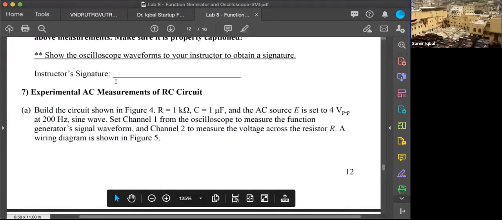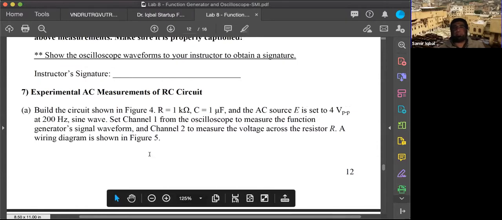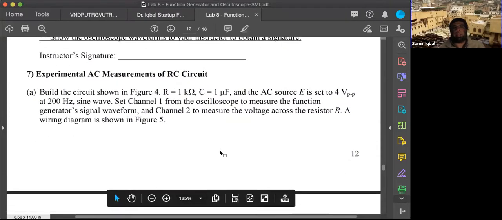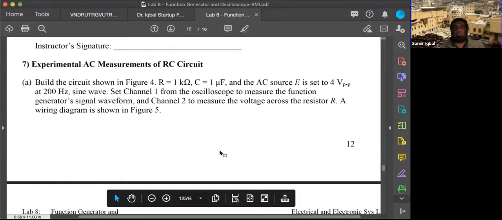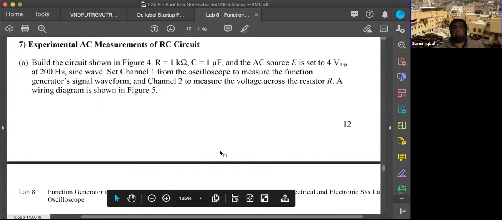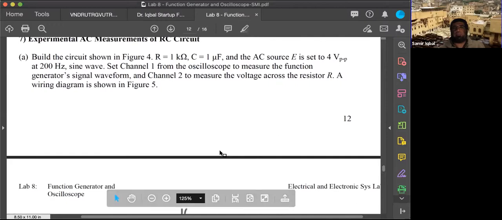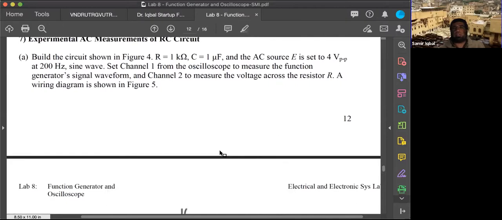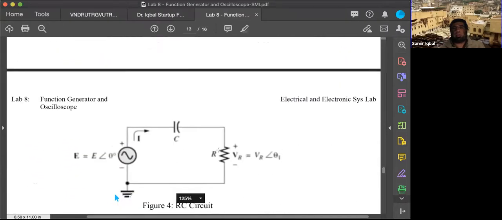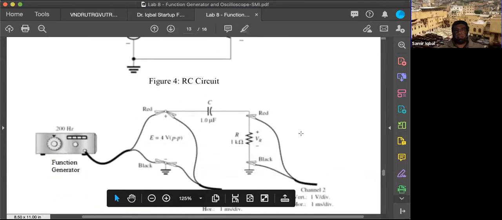all right. So the way we made that two resistance circuit, we make an RC circuit as well, resistance and capacitor. So again, you set the source to 4 VPP, 200 hertz sine wave, and we measure the signal coming from the function generator, and we measure the voltage across the output resistance R. The circuit would look like this, but when you build it, it's something like this.